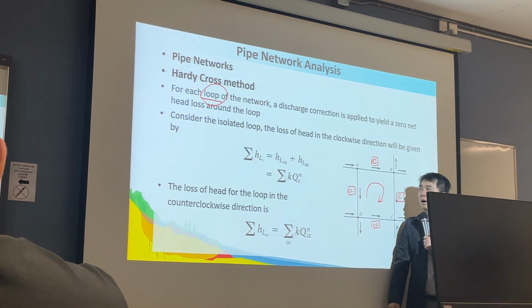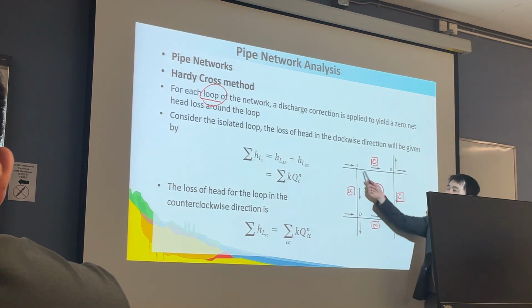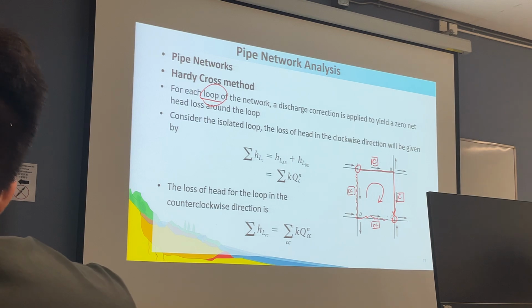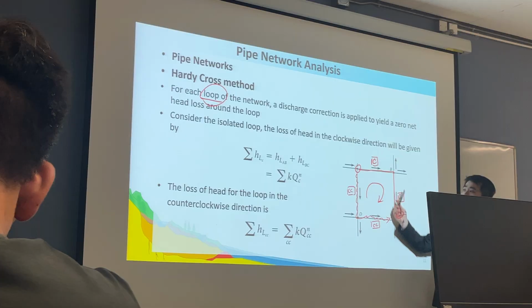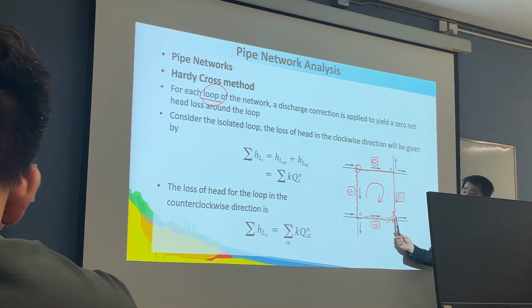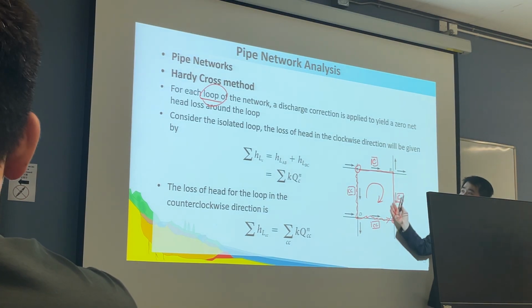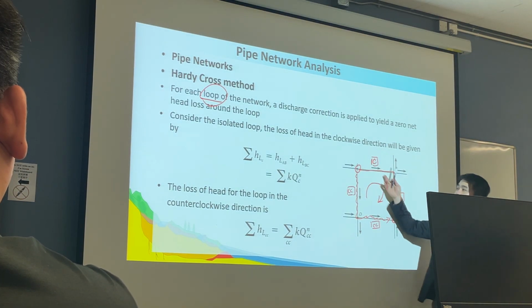Now, connecting two junctions, A and C, there may be this pipe and there may be this route. So by separating the counterclockwise and clockwise pipes, we simply divide the loop flow into a parallel system.